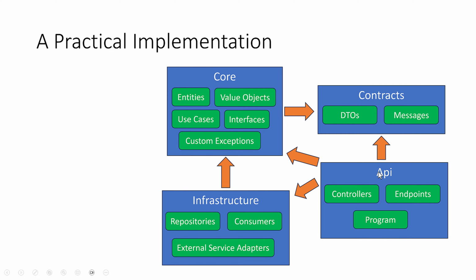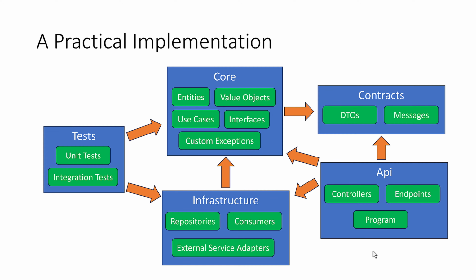And then we also have, of course, the API project, which is the one that gets a dependency on all of these, and it's where we define the controllers, the endpoints, and we also define the composition root, or the main component that is going to be the program, where everything is tied together so that the whole dependency inversion idea gets enabled for the whole application, and everything works together. Finally, we also have our test cases, right? The unit tests.